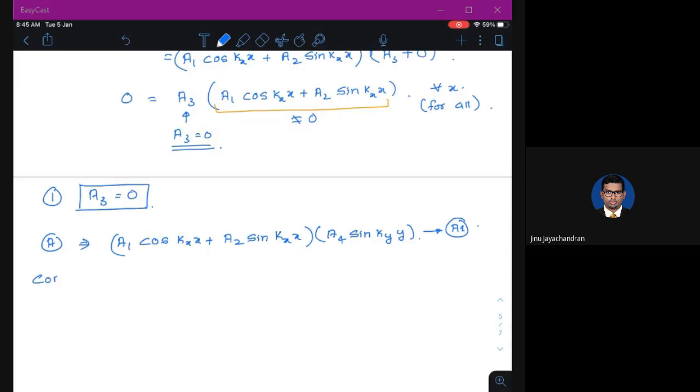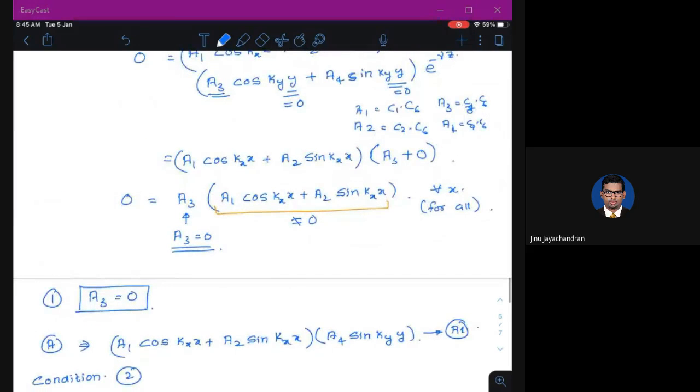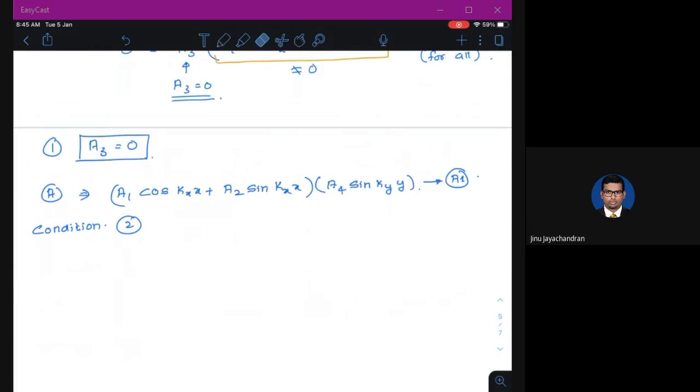Now let's apply boundary condition 2, or to make it simpler, let me apply boundary condition 3 because that is with x equal to 0. That is EZS is equal to 0 at x equal to 0. We are applying this boundary condition in A1. So this is actually EZS.